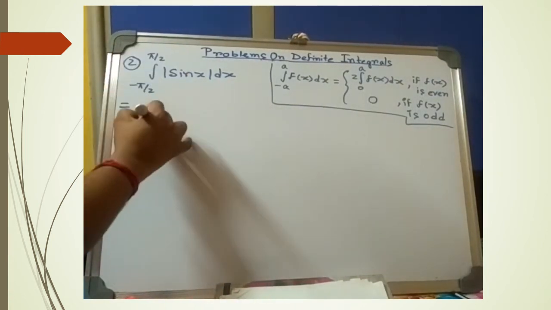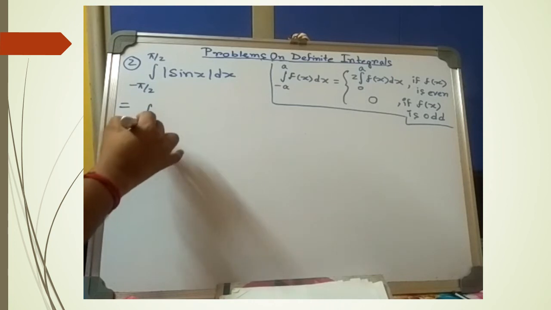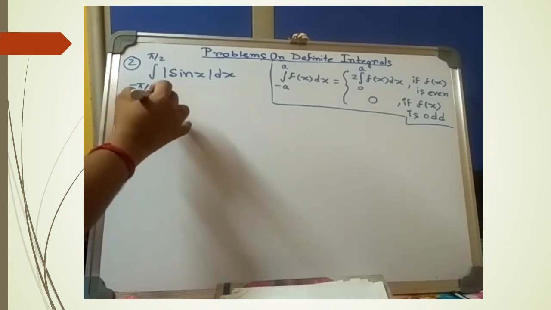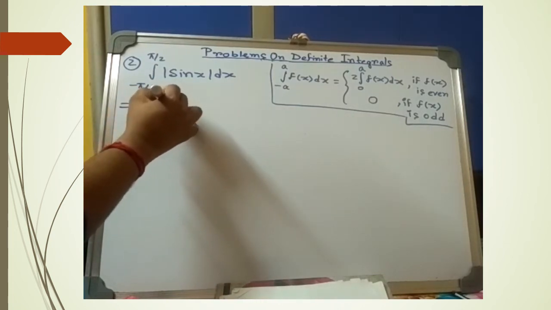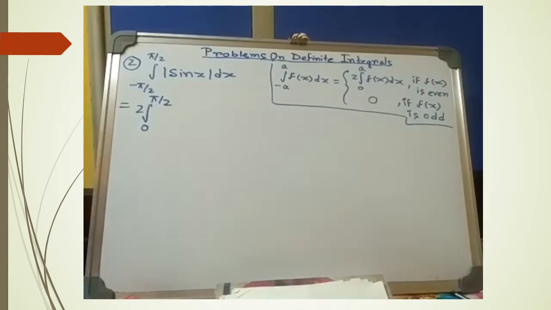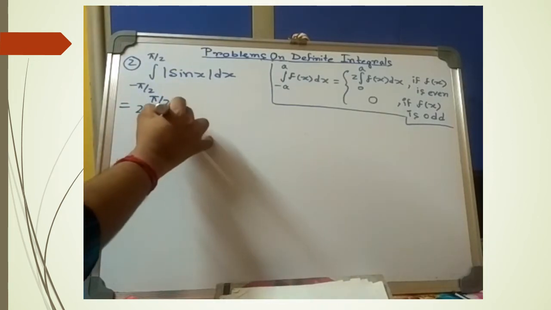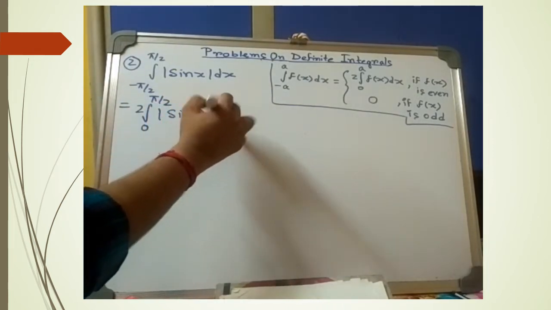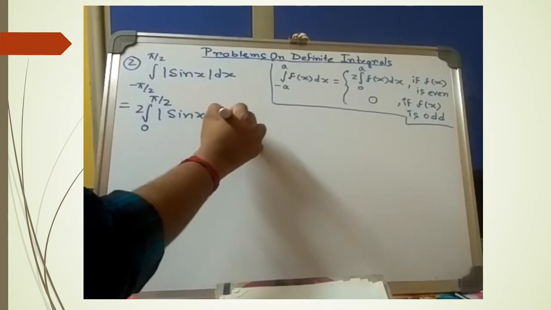So this becomes 2 into the integration 0 to pi by 2 of mod sin x dx.